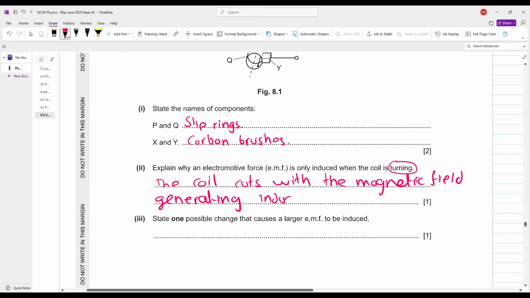Simple. State one possible change that can cause a larger EMF. Use a stronger magnet. Simple.